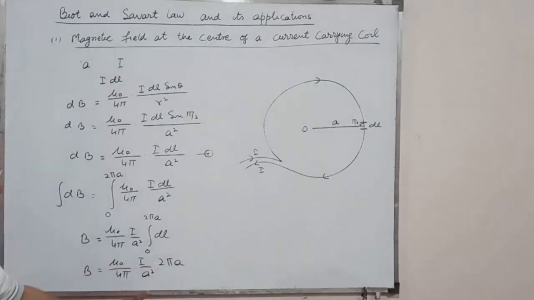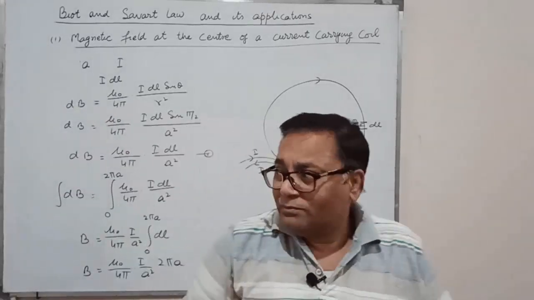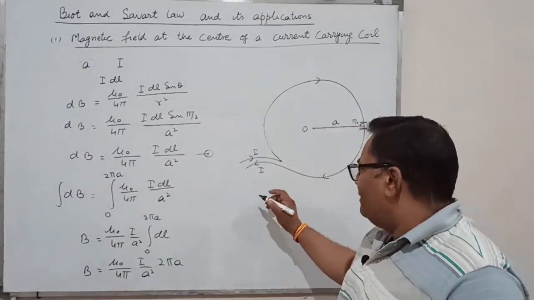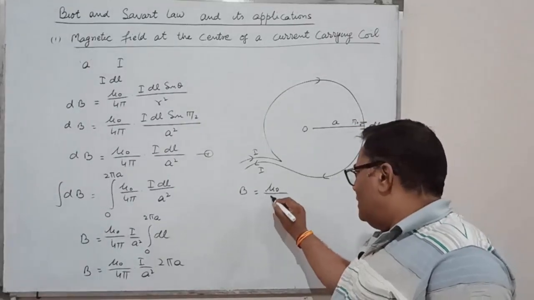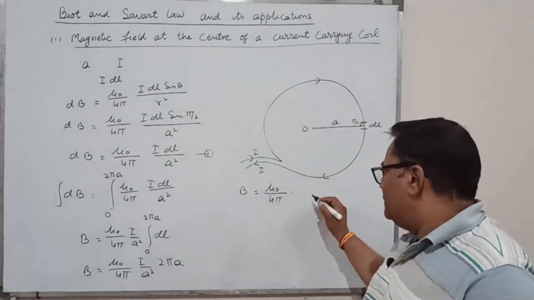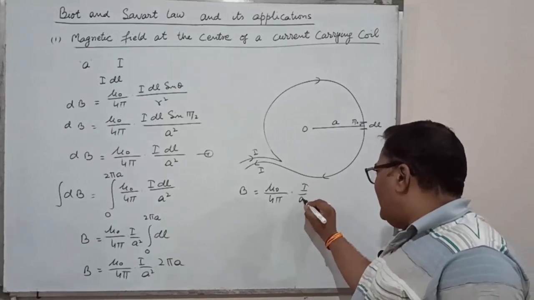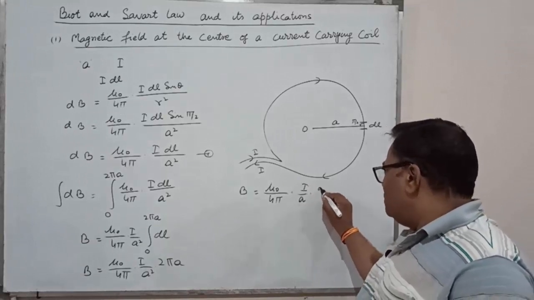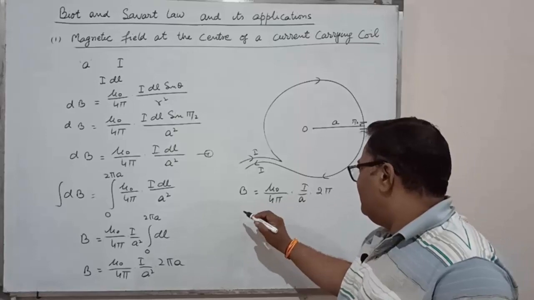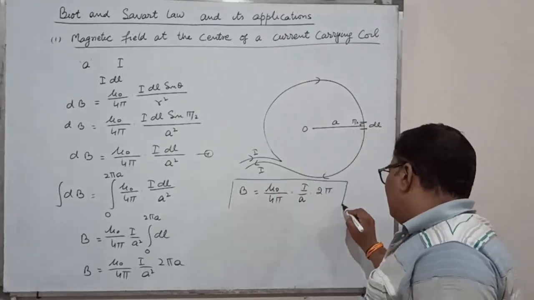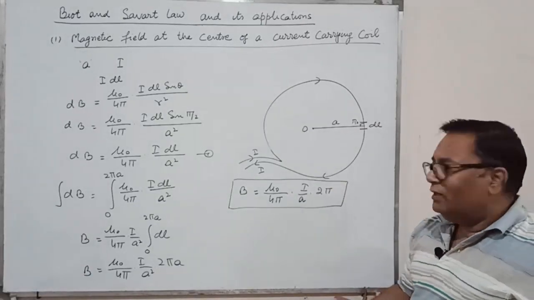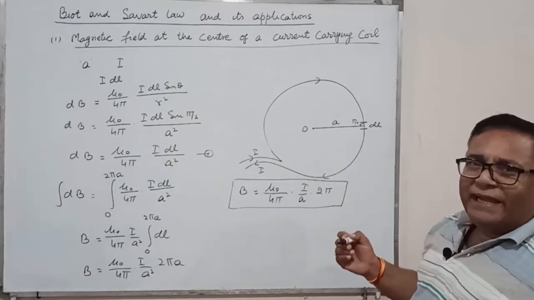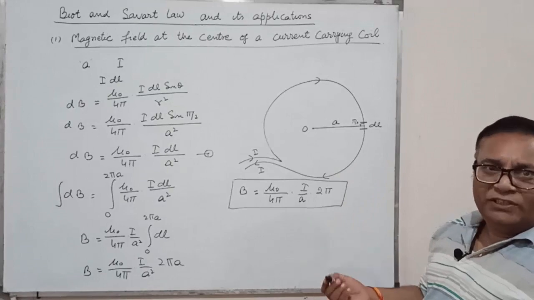This is constant, and the integration value is 2 pi a. So this expression is written as B equal to mu 0 upon 4 pi, I upon a into 2 pi. This is the magnetic field intensity at the center of the coil. 2 pi represents the angle subtended at the center.